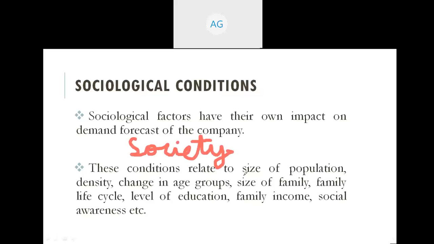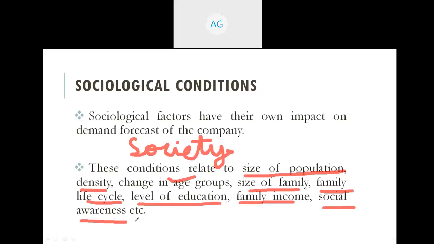So these conditions relate to the size of the population, density, changes in the age group, size of the family, family life cycle, level of education, family income, social awareness, etc. So these factors are very much important for a society, or these are basically much more related to the area in which the company wants to sell its product. So all these factors are considered here.